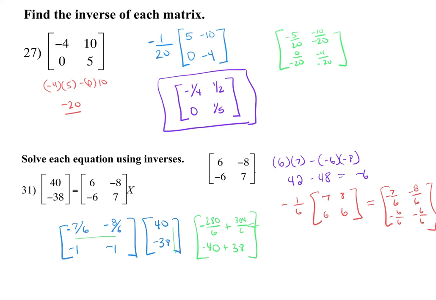So when you add and subtract those, hopefully we will get 24 over 6, and then that reduces to 4, and then negative 40 plus 38 reduces to negative 2, and so this is my answer here. So even though the fractions look huge, if you leave your denominators, you're just going to have to multiply your numerators, because your denominators are going to stay the same. You already have common denominators, so you just add or subtract your numerators.